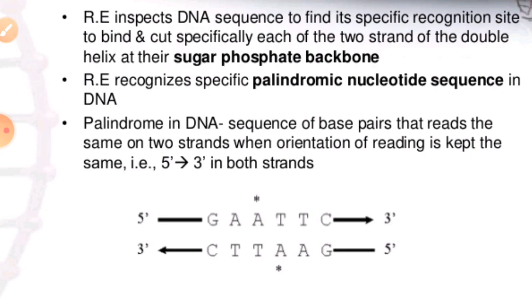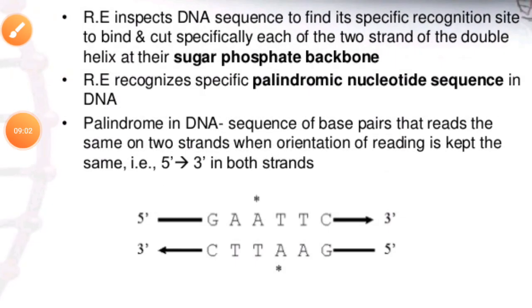Evenly there are some other things also necessary. Restriction enzymes can inspect the DNA sequence to find the specific region, as I told you. They have a site to bind and cut each of the two strands of the double helix at their sugar phosphate backbone.